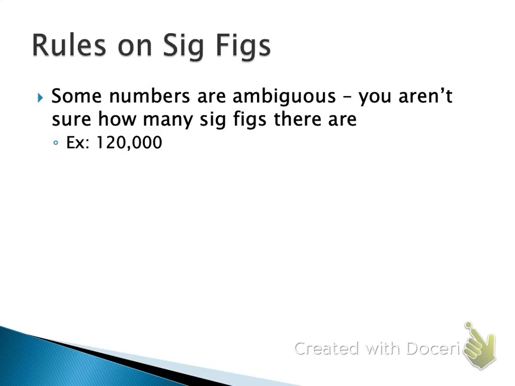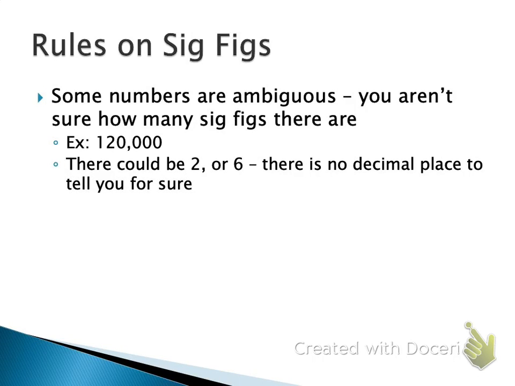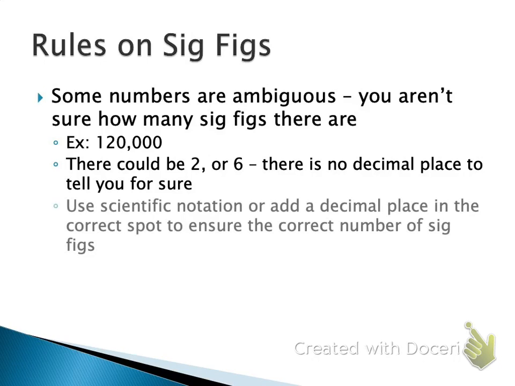So for this number, if I asked how many significant figures there are, you wouldn't write 2 because there are 2 digits. You would say it's ambiguous, which means I just don't know. There could be 2 sig figs, there could be 6, there could be 8, if there are 2 decimal places. We just don't know, so we call it ambiguous.